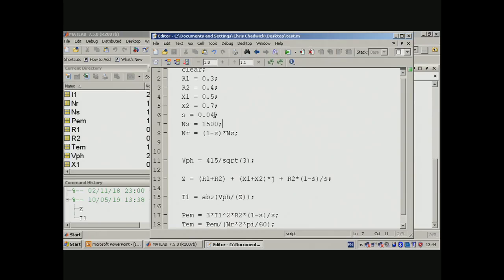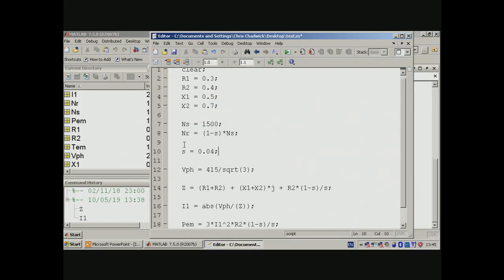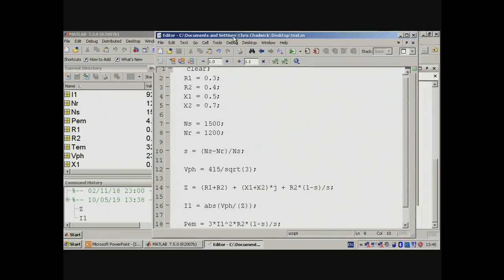If we change the slip or the speed, then you'll be able to plot this. We'll say S is a parameter here, S equals (NS minus NR) divided by NS, and NR is our variable, which we can set to anything, say 1200, and then you'll have some torque value for that particular condition.